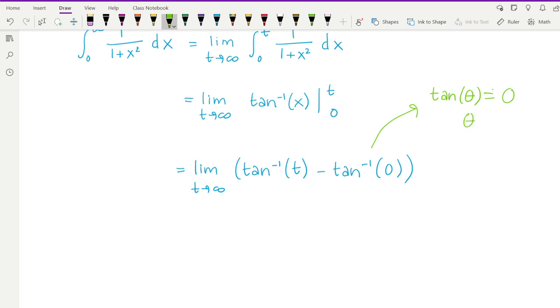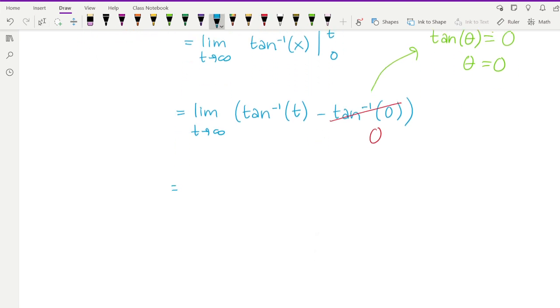And so that angle would be 0, right? The angle that gives you tangent equal to 0 is an angle of 0. And so inverse tangent of 0 is 0, and we don't need to include that. So really, we're just trying to figure out what is the limit as t approaches infinity of inverse tangent of t.